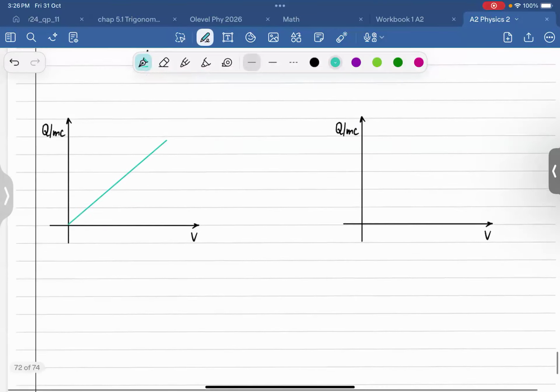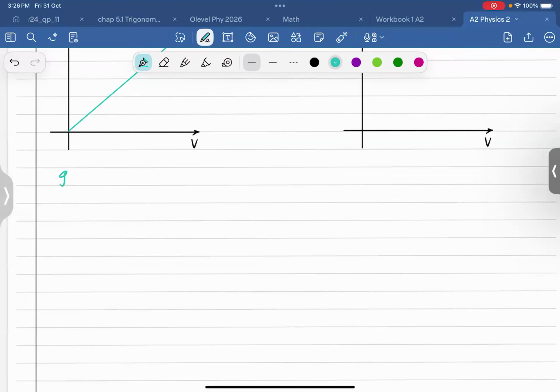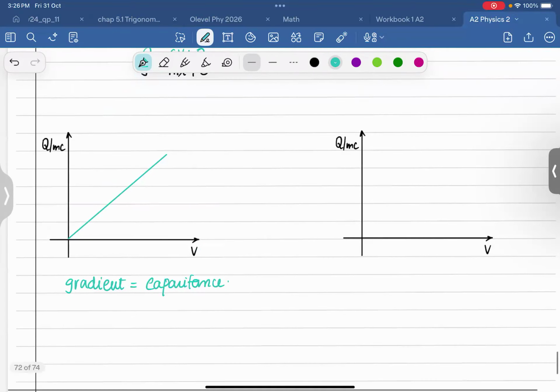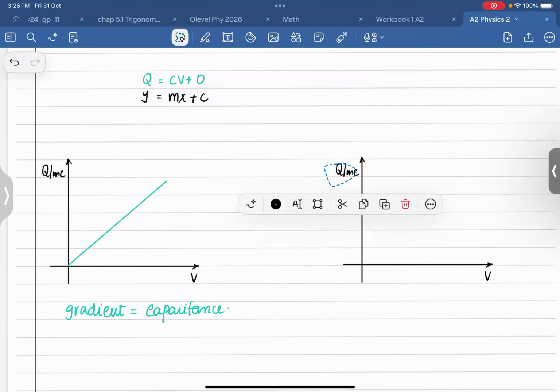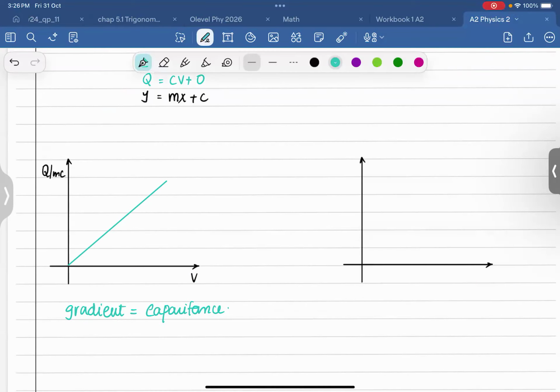So the gradient over here is going to be the capacitance. And if we switch the axes, so let's say I have the voltage on the y-axis and the Q in millicoulombs on the x-axis, the graph will still be the same, but this time the gradient will be different.